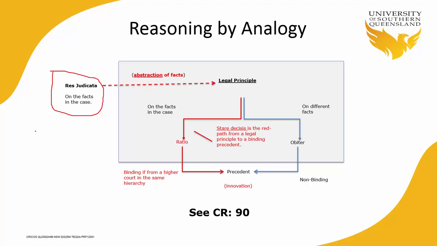Now what I've just told you here is the res judicata facts. I'm talking about the specific facts that happened in the case, which is based on something we will talk about in much more detail when we look at negligence, which is the case of Donoghue and Stevenson. But the point is that I've just recited what the facts are in that case.